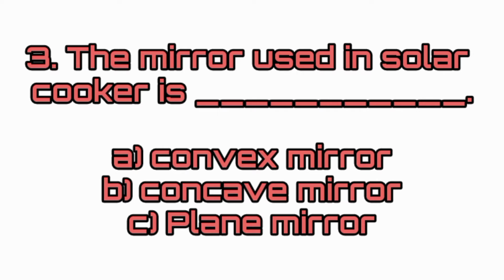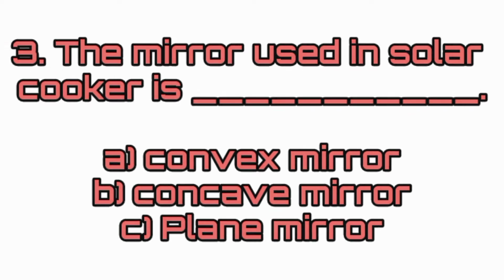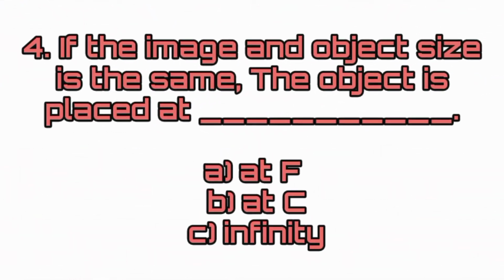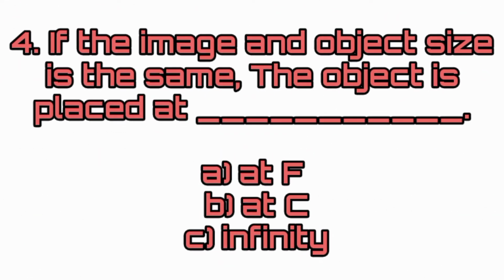Answer option B, concave mirror. Question number 4. If the image and object size is the same, the object is placed at dash. Answer option B, at C.